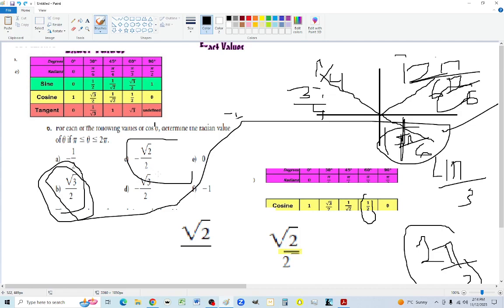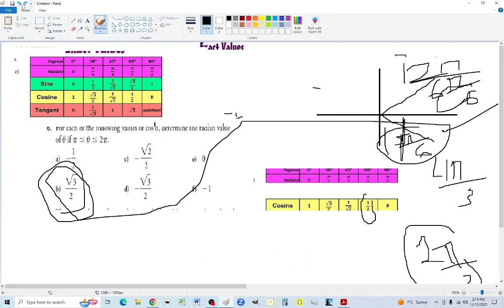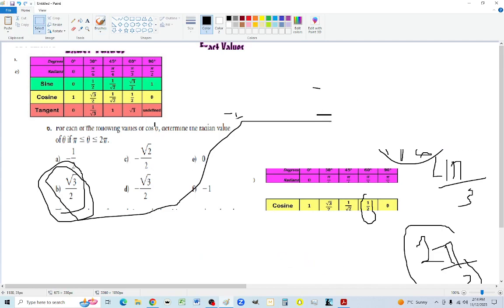Okay, what about this one? This one you'd also have a hard time finding on your calculator or on your exact value chart, except when you use the same rule. This one is the same as, let's see. No, it's right there, this one. So we're talking about pi over 6. And we're negative again, so we're talking quadrants 2 and 3.